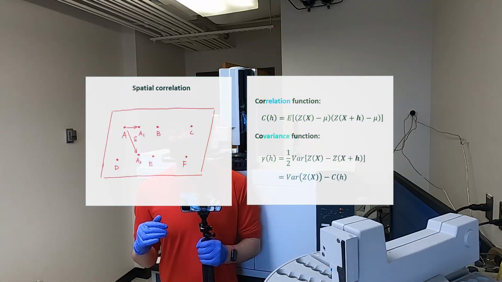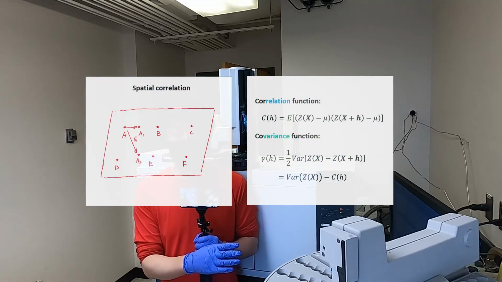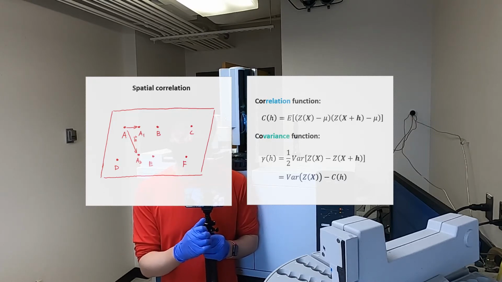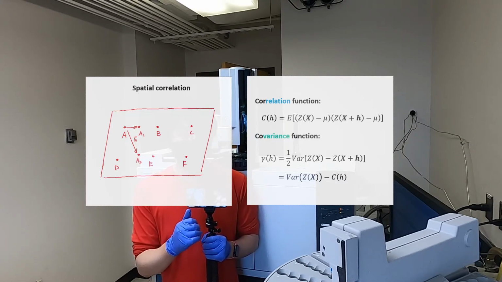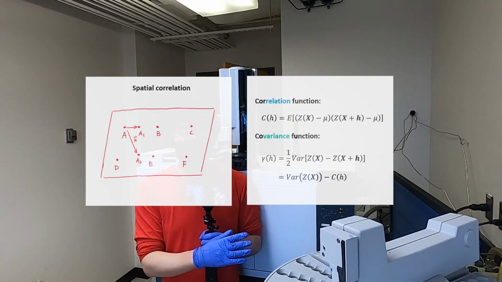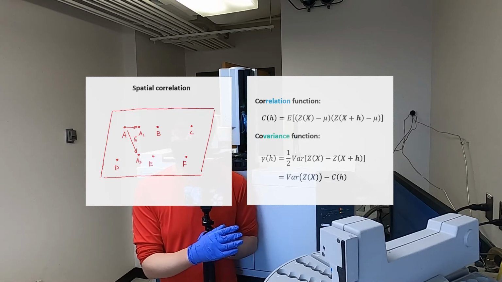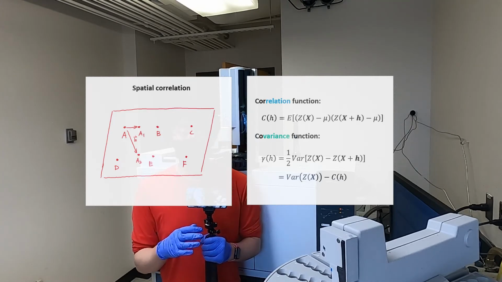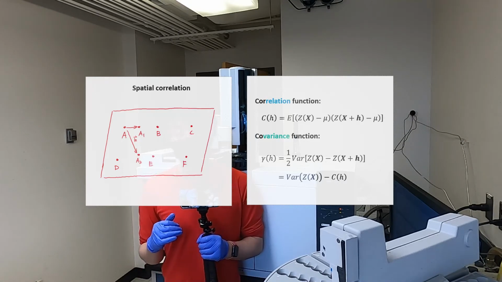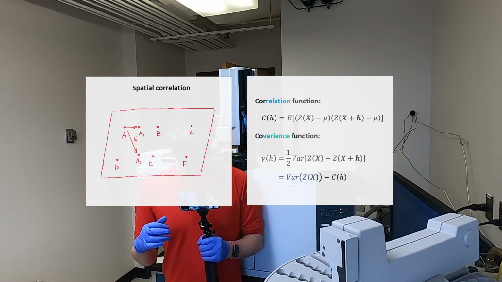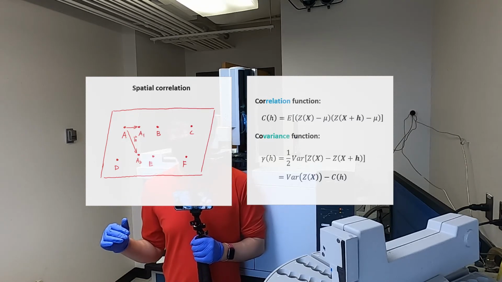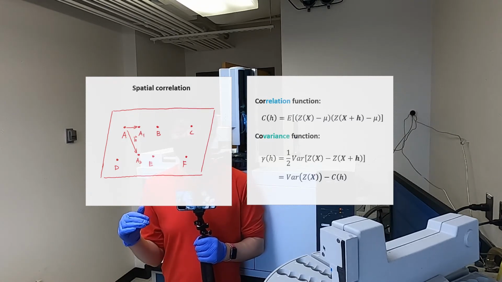For example, like shown in the figure on the left side, we can see that the concentration at point A1 is more likely to be closer to the concentration at location A than the concentration at location A2, because A1 is spatially closer to A. And this relation can be expressed mathematically by the correlation function and the covariance function on the right side. These two functions are basically equivalent.